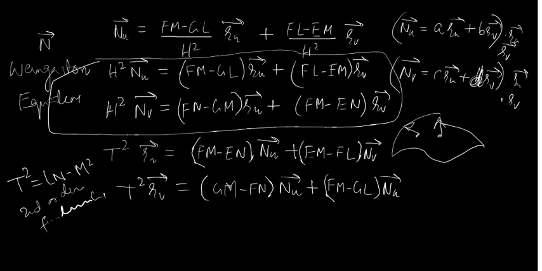So there is another thing we can do actually. If you take the cross product of n sub u and n sub v, if you take the cross product of these two equations that I put inside the box, you would get this thing. Let me take another page. So from the Weingarten equations, you can actually take their cross product and get h raised to power 4 n sub u cross n sub v is equal to, it would be a lot of things, but you do them from notes.